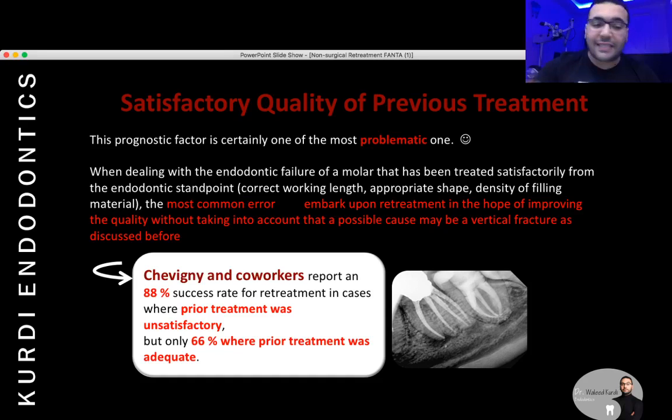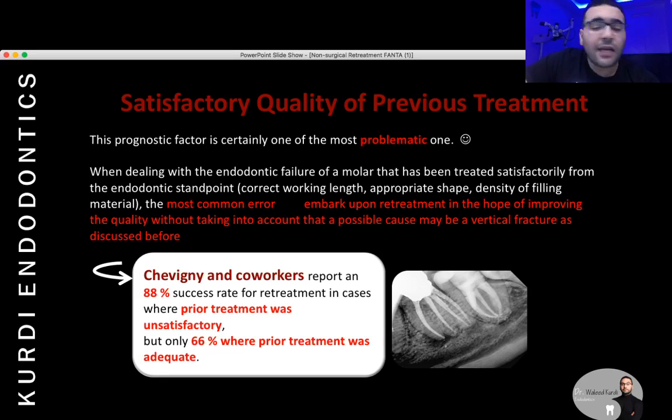If you can see here in this X-ray, the lower first molar has great white lines, but it failed, and I did retreatment for this case, and we will see the prognosis after that.